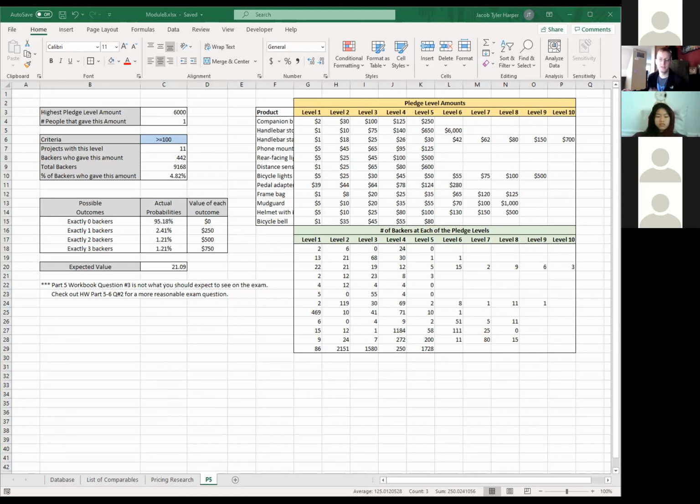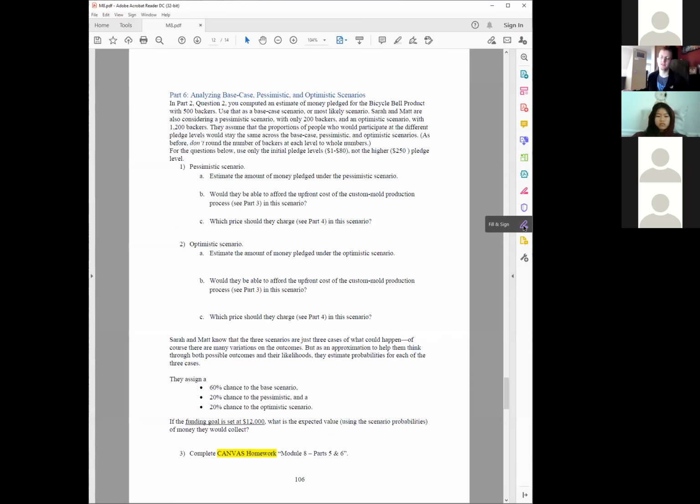What we're working on today is part 6, and it's another one where we don't really have any tables set up yet in our spreadsheet, so we're gonna have to build most of this from scratch. However, it is gonna rely on a calculator we have already built. It's going to have us go back to that part 2 calculator with Sarah and Matt, where we plugged in 500 backers to see how much money they would raise.